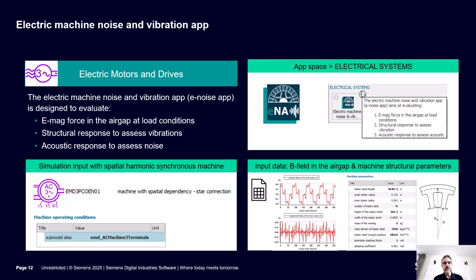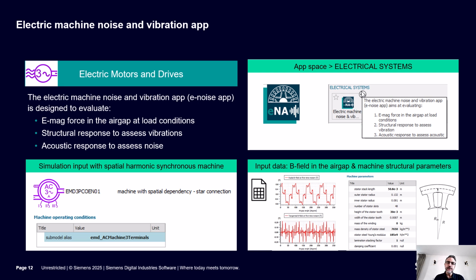So the electric machine noise and vibration app, which we call eNoise app, is an application within our system engineering software SimCenter AIM-Sim, which deals with the NVH performance of the electric drive. So it allows, in a systems engineering environment, to create a model of the eDrive and to integrate there also its vibroacoustic performance.